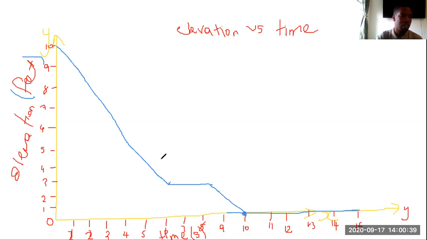Represent the horizontal line. List those time intervals. So you need to list the different time intervals. Thank you for pointing that out.